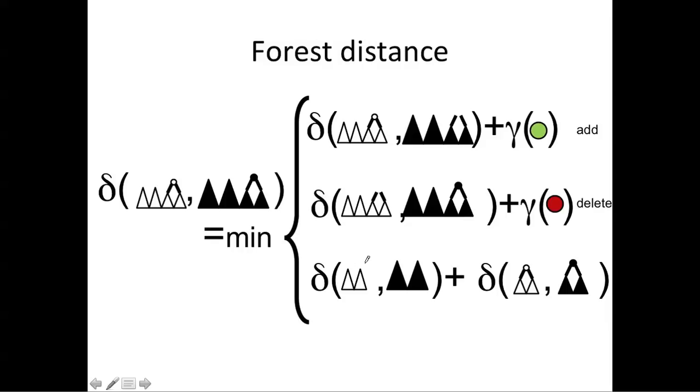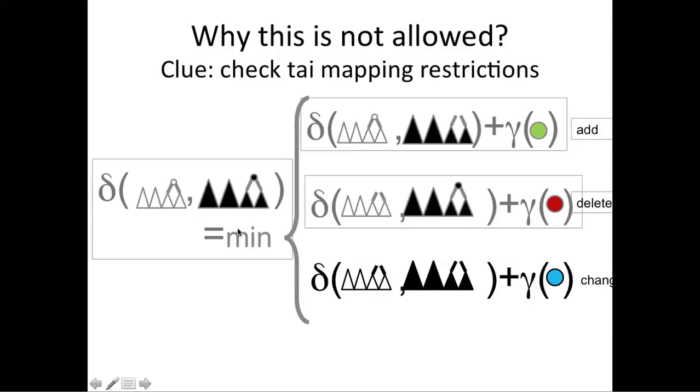So in this case, we chop off the last tree. I think I already mentioned that this is not allowed, to make sure that the ancestry relation is preserved.